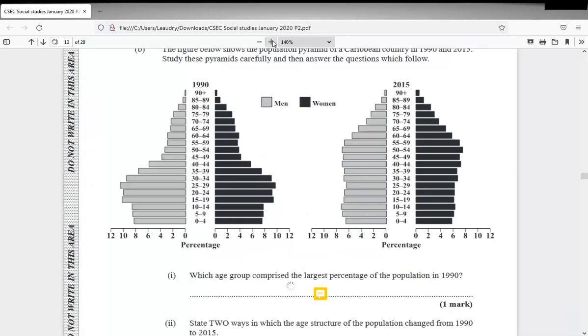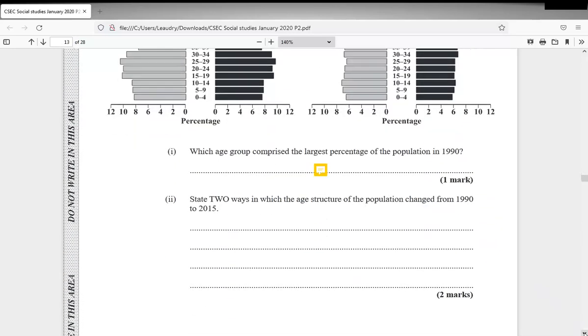So if we look at the percentage in 1990, we could see here that the age group of 25 to 29 had the largest percent, because here it's almost 12%, maybe 11% men, and then we have about 10% for women. So that's the age group, age 25 to 29, 1 mark for that.